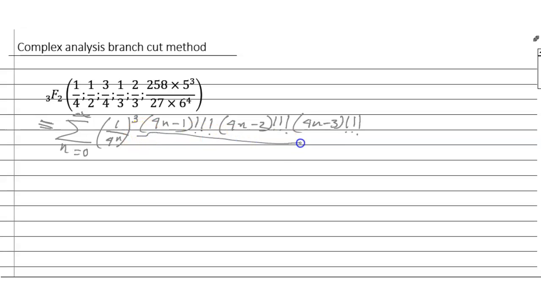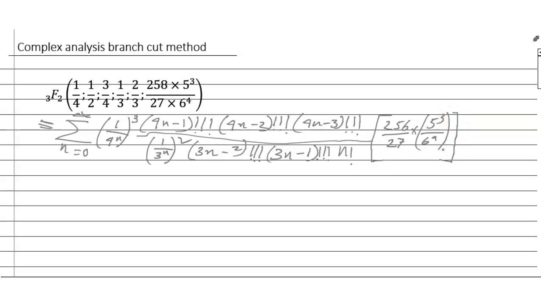And after that it can be represented as (1/3)_n whole squared, (3n minus 2) triple factorial, (3n minus 1) triple factorial, and n factorial, times (256 divided by 27 into 5 cubed divided by 6 to the power 4), whole to the power n.